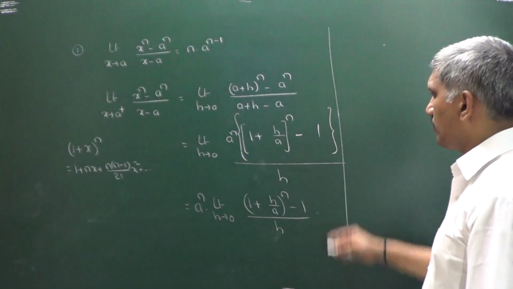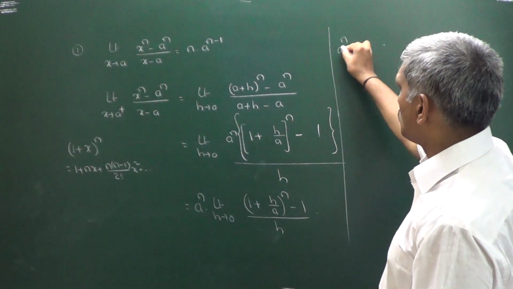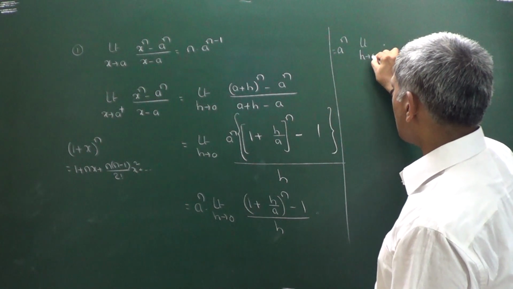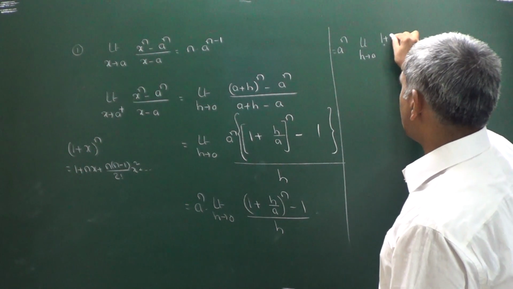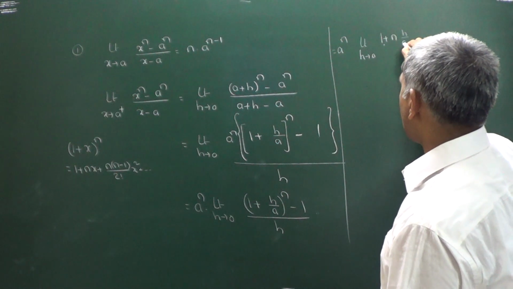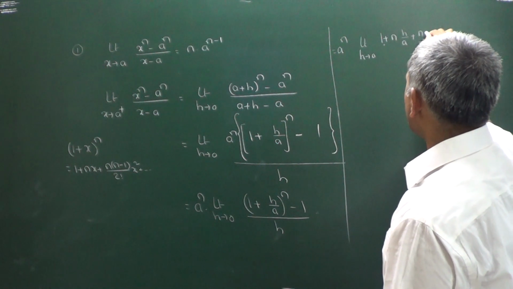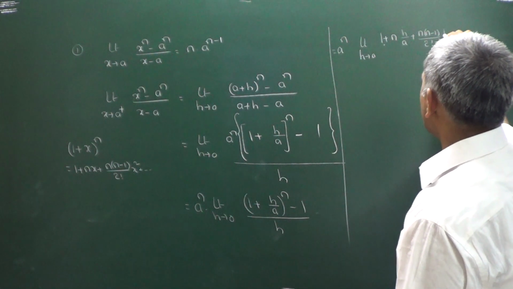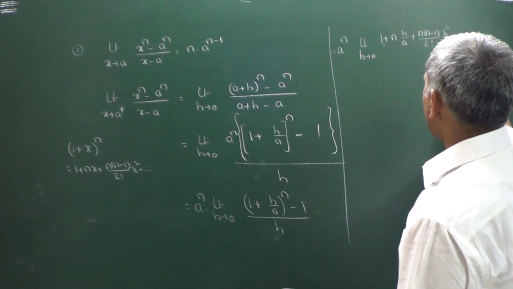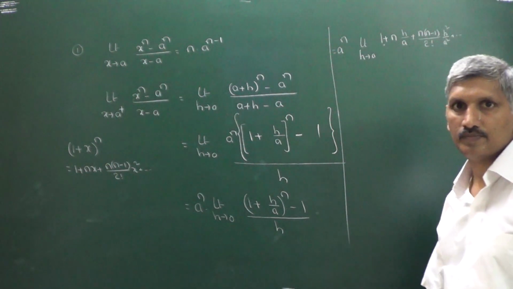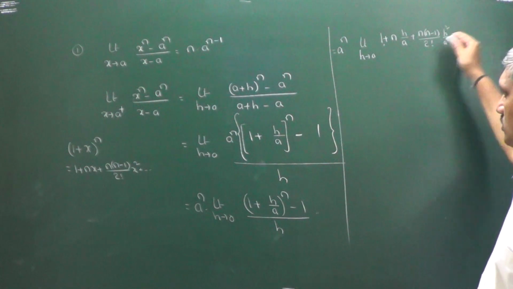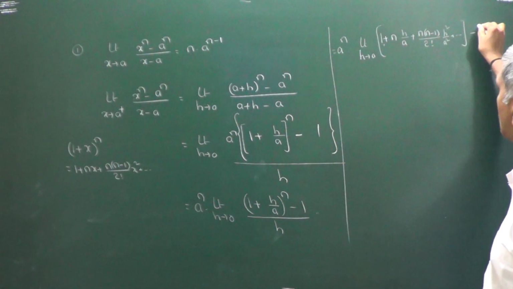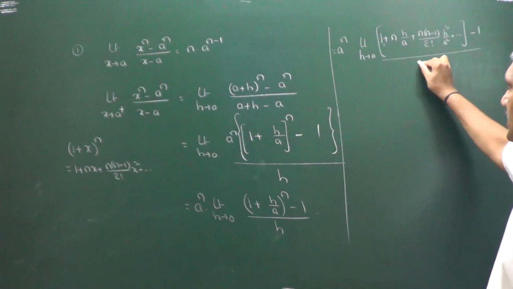We can write that as a to the power of n into limit h tends to 0 of (1 + n(h/a) + n(n-1)/2! (h square/a square) plus and so on, minus 1) divided by h.